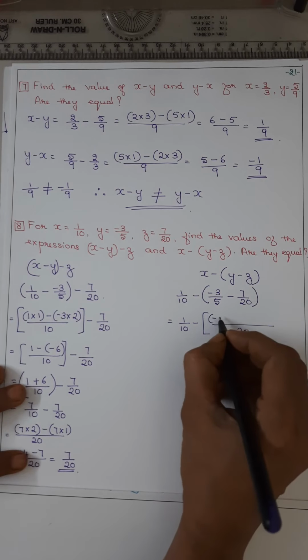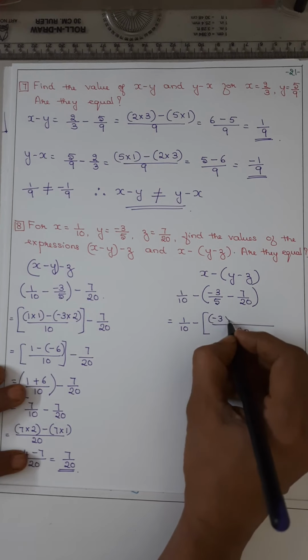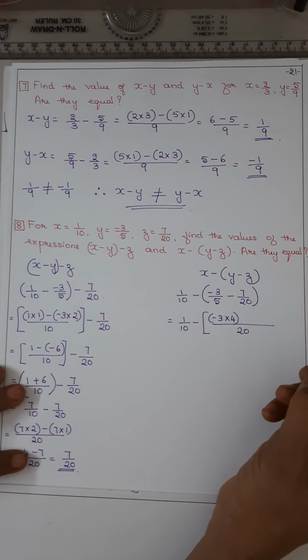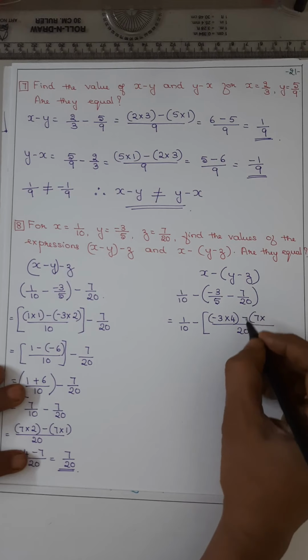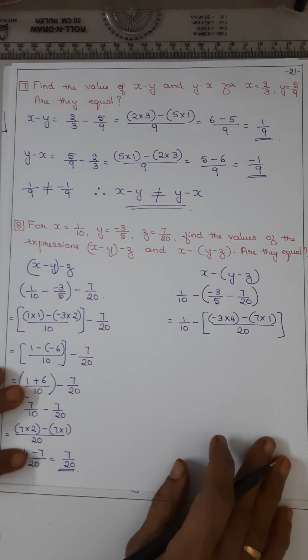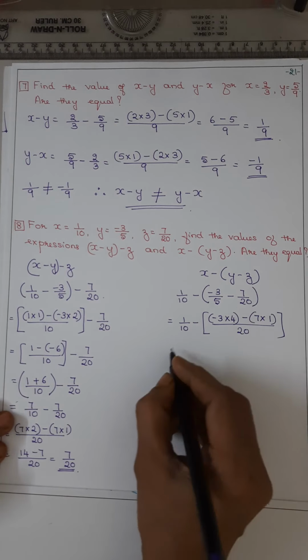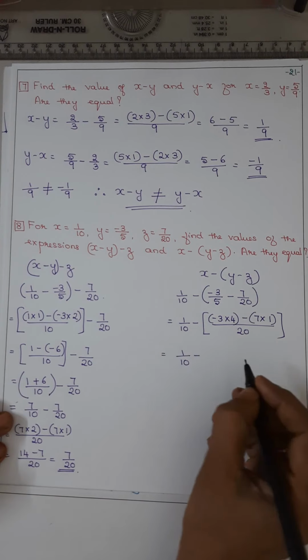Now the numerator is minus 3. 5 how much are 20? 5 4s are 20, minus 7 into 2 1s are. Is it clear?